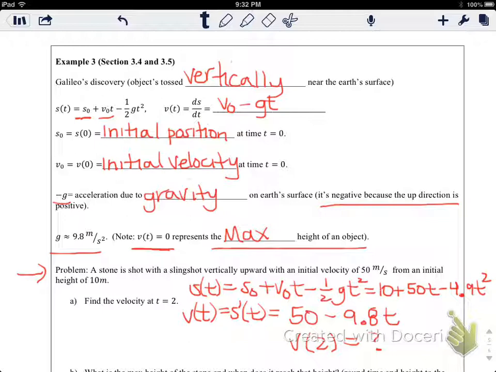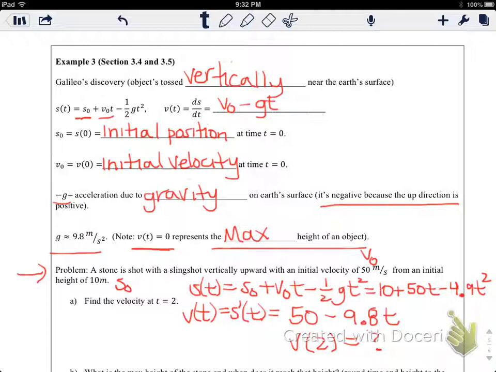So part A. Let's read the problem. A stone is shot with a slingshot vertically upward with an initial velocity of 50 meters per second. So this is our v sub naught, from an initial height of 10 meters. That's our position function, so that's s sub naught. It says find the velocity at t equals 2.